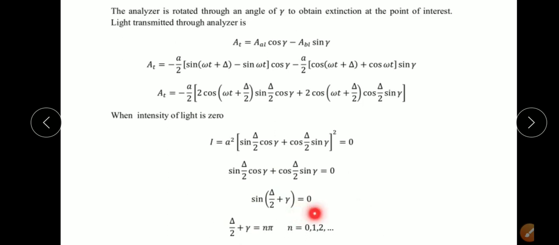If you put 0, 1, 2 as the value of n here, you will get the extinction. That is what will be considered. If you don't remember the other equations, you can remember this one for Fried's method. This equation is important, and from it you carry out the work and show how the extinction is considered.